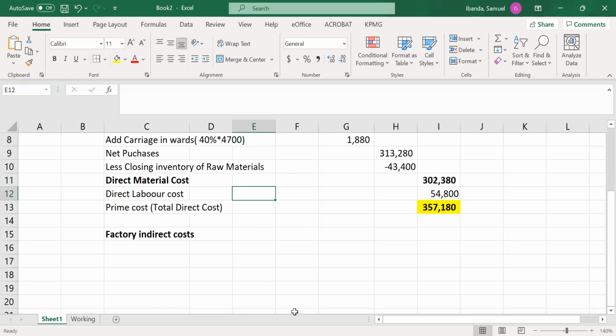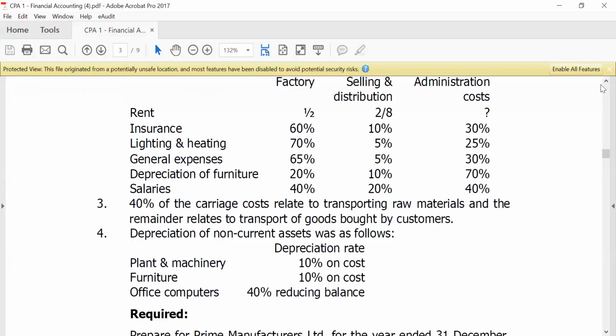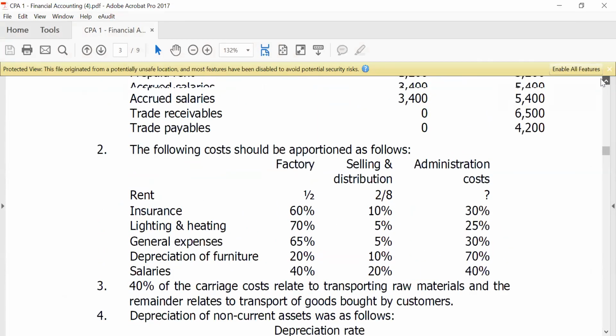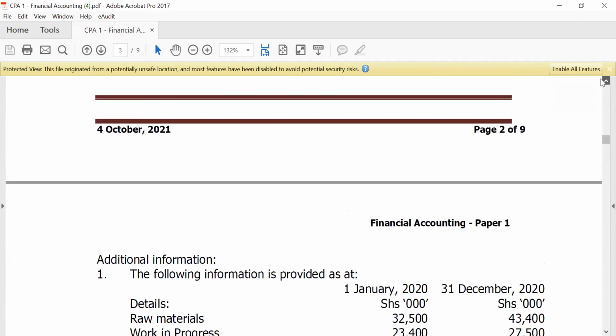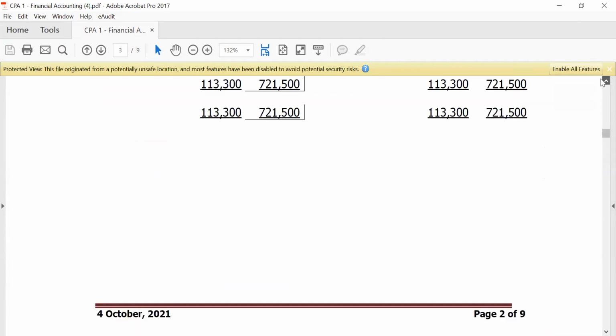So the next thing we are going to do is go back to our question and look for those costs. I'll start from our cash book and then get down to our additional information.